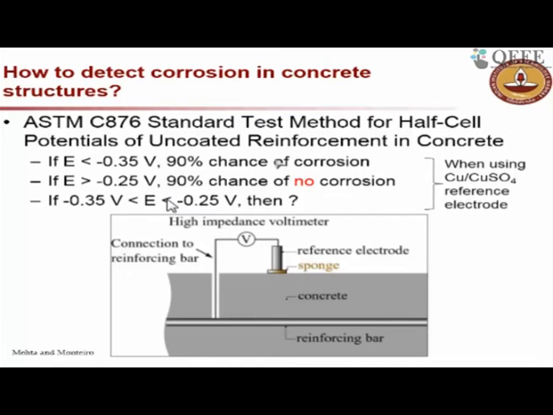So when somebody asks, I want to know whether there is corrosion happening or not, one way of testing is to take an electrode and find the electrical potential of the rebar.